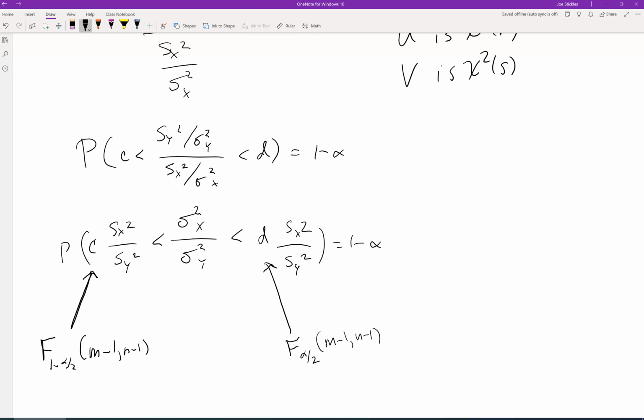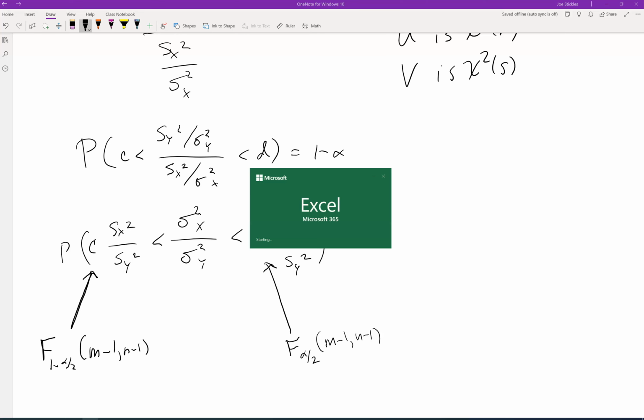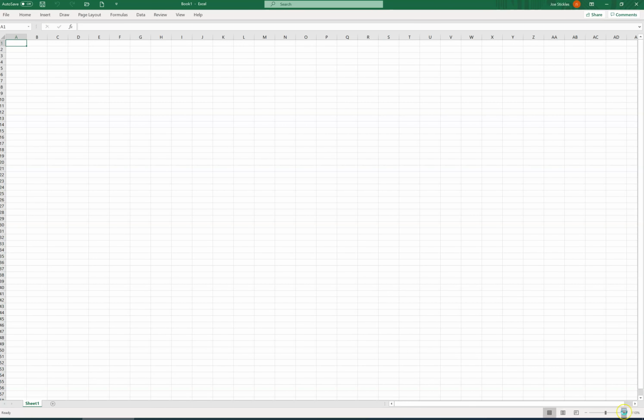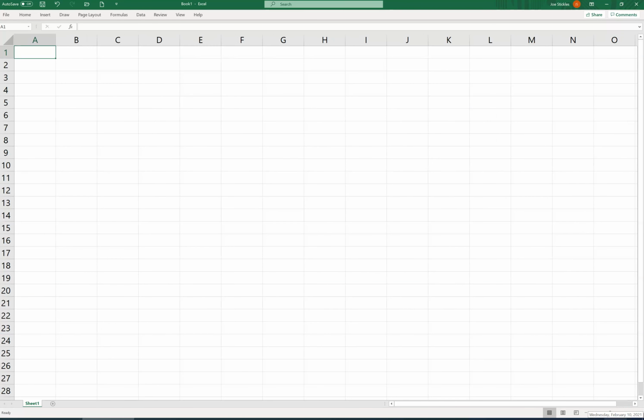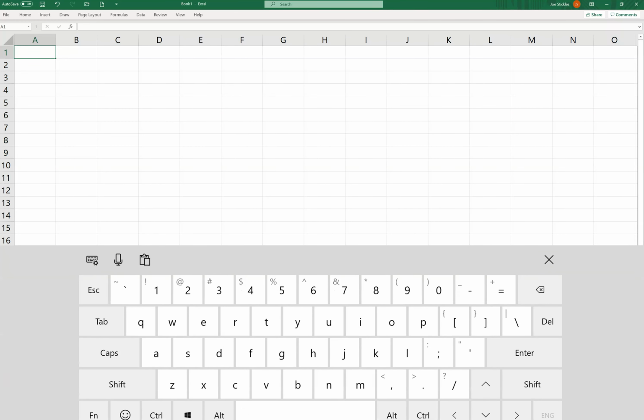This is, let's do 6.4-13. Type some values in here. All right, so for x's, we've got a few observations here: 15, 23, 12, 18, 9, 28, 11, and 10.